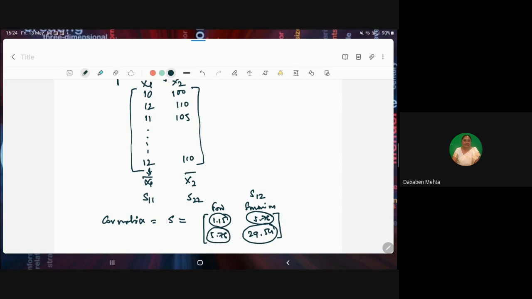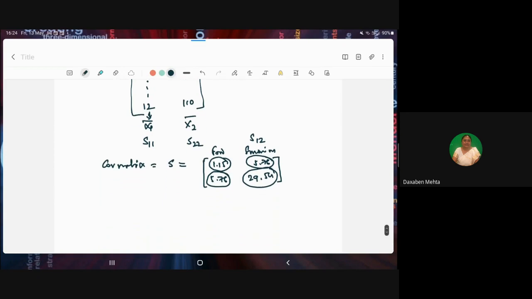Now in our SPSS results, I just write what we get. The eigenvalues are like this: for the first component, it is 30.66, which in terms of proportion is 0.99, and the cumulative proportion is 99.9%.